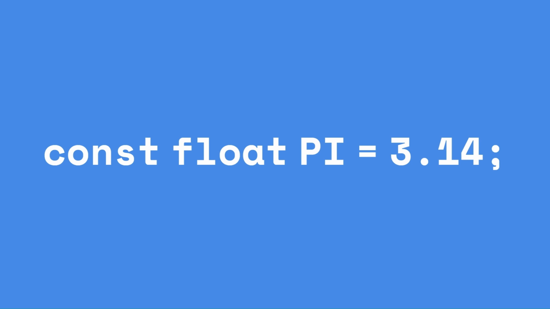We mention the const keyword before float. So in this code, pi is the variable name, float is the type, and the const keyword says that it holds a constant value. It means the value of pi cannot be changed after initialization.